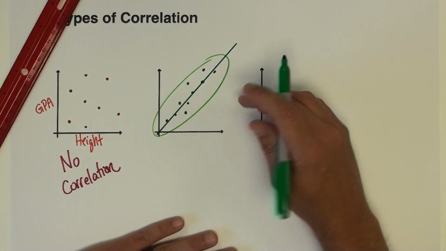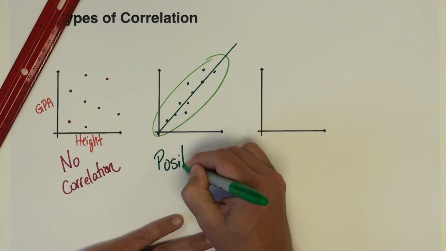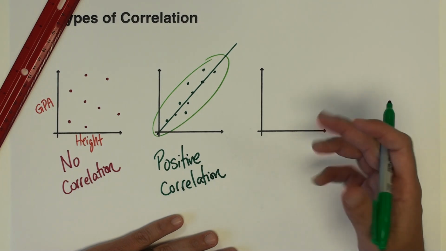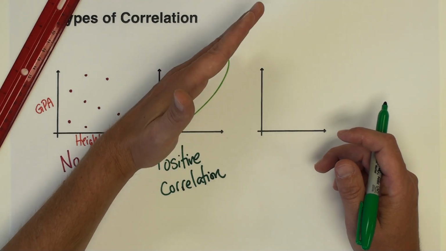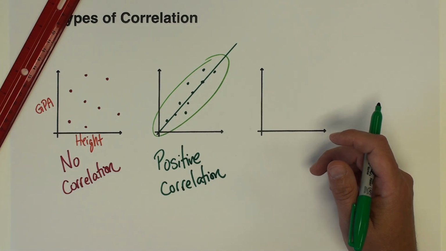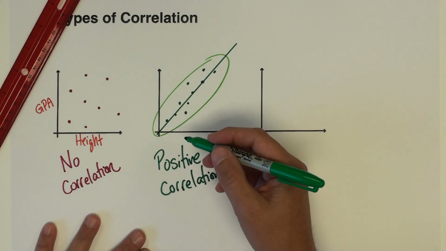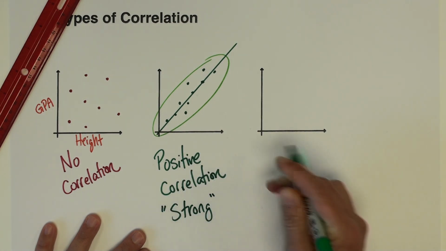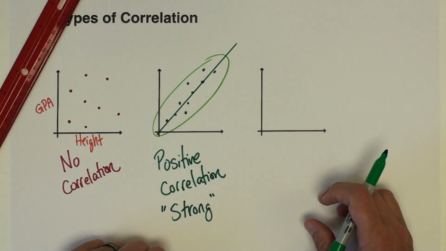So if we saw something like that, we could say that it has a positive correlation, positive in that the points are sloped in such a way that they are increasing from left to right, like a positively sloped line. I could also describe the strength. I could say that this is showing a strong correlation, that the points are tightly packed near that line.